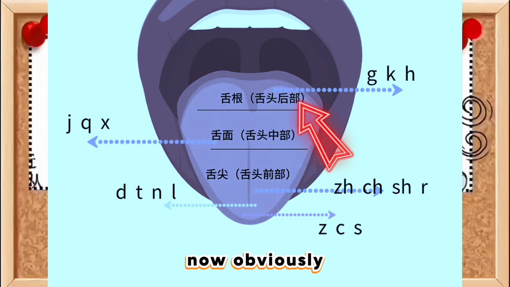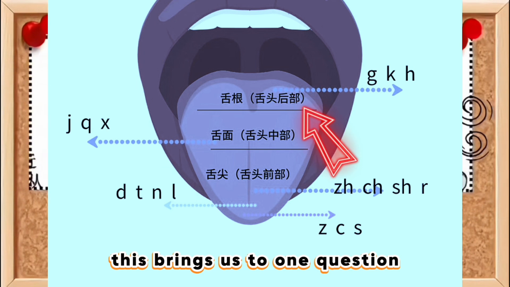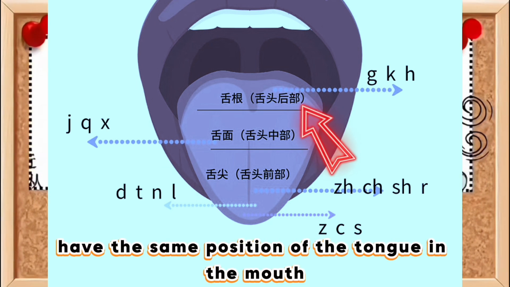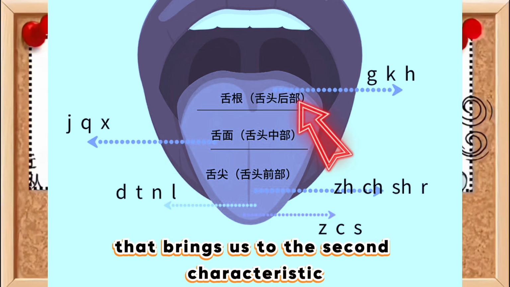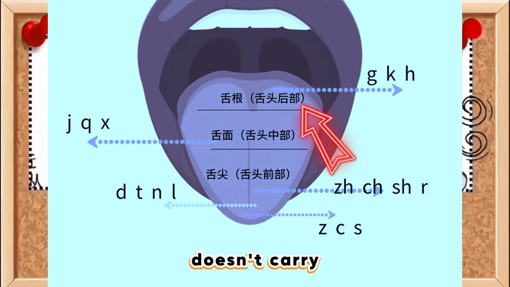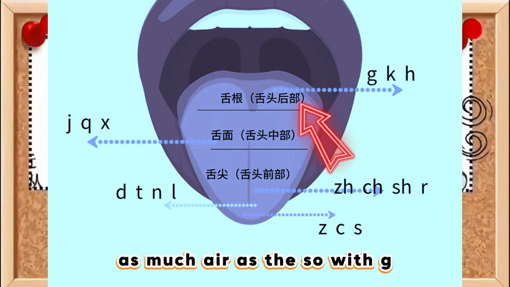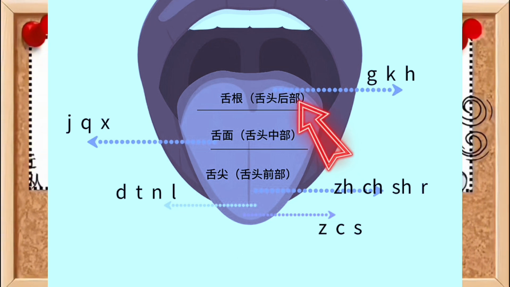Now, obviously, this brings us to one question. If both have the same position of the tongue in the mouth, how then can we differ them? That brings us to the second characteristic. G doesn't carry as much air as the k. So with g, g, k, k.